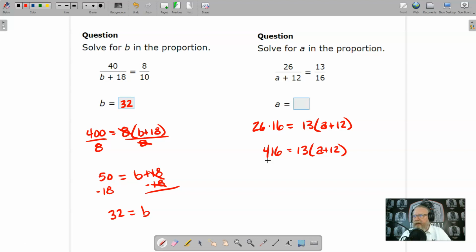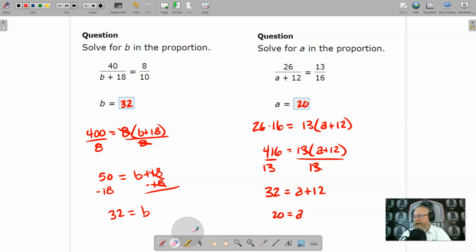And indeed it does. It equals 32. So I divided both sides by 13. And I get a result of 32 on the left. And the 13s are going to cancel each other, leaving me with the A plus 12. Now I just need to go ahead and subtract 12 from each side. Well, that's easy enough. That's going to give me 20 over here, right? And A. So A equals 20.